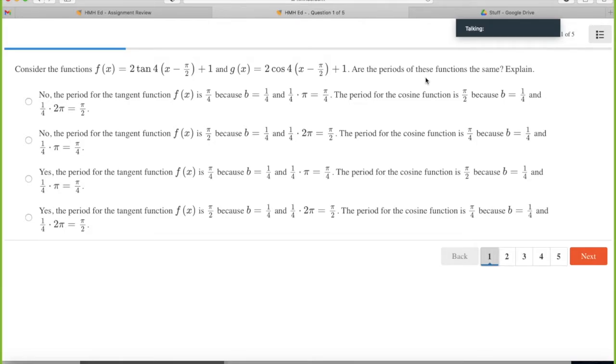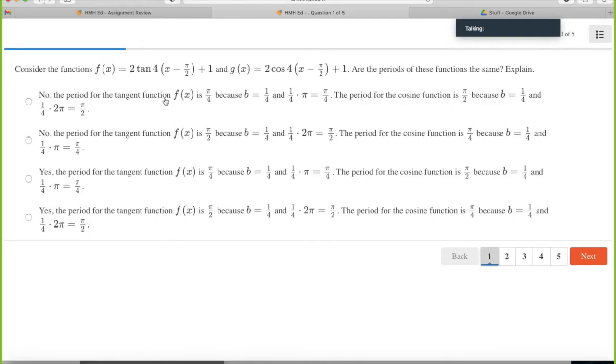Remember, and this is something you might want to write down because I had to look it up, the period for a sine and cosine are both 2 pi times the absolute value of b. So when we're looking at the function, we could find b, which would be 4 in both of these situations.